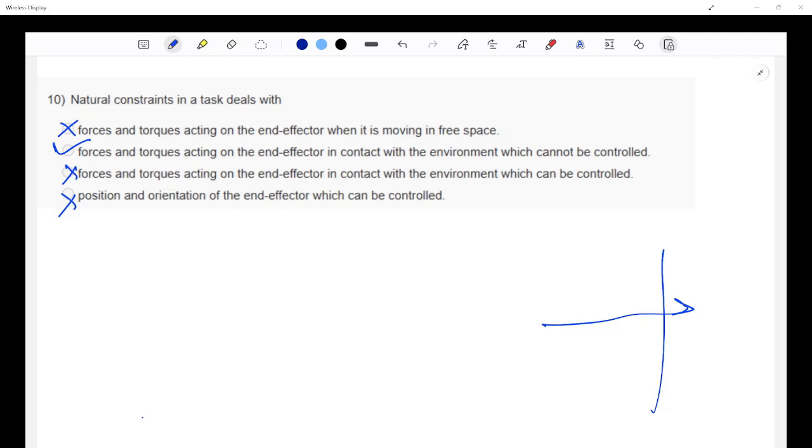So when the robot touches some environment, there are some things that you can control, and some things that physics controls for you. So if something is natural, you cannot control it. If it is an artificial constraint, you can definitely control it.